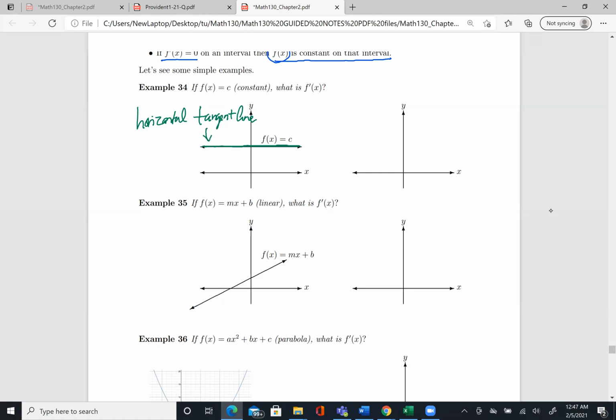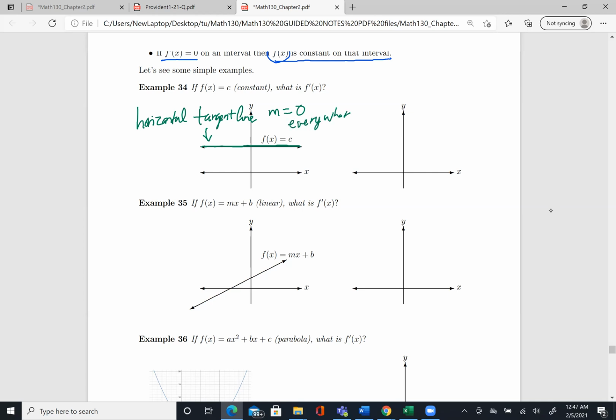You can see that it is clearly a horizontal tangent line, and the slope is going to be equal to what? 0. So right away f'(x) has to be equal to 0 everywhere.